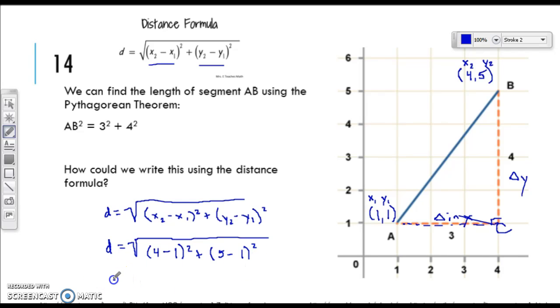Now, depending on how far you have to go in your problem, that's going to look like this. 4 minus 1 squared is 3 squared, plus 5 minus 1 squared is 4 squared. Hey, look at that. That looks just the same as when we use the Pythagorean theorem. All right, hope that helps.